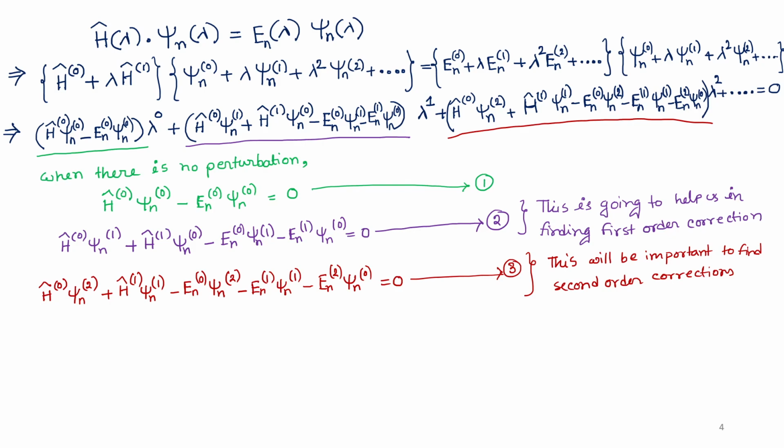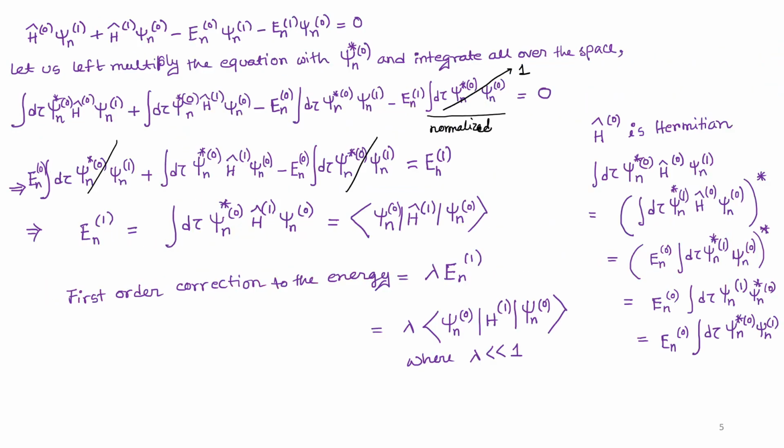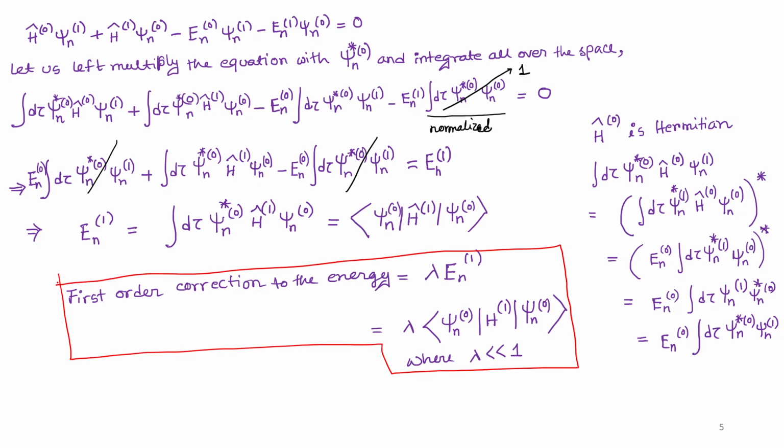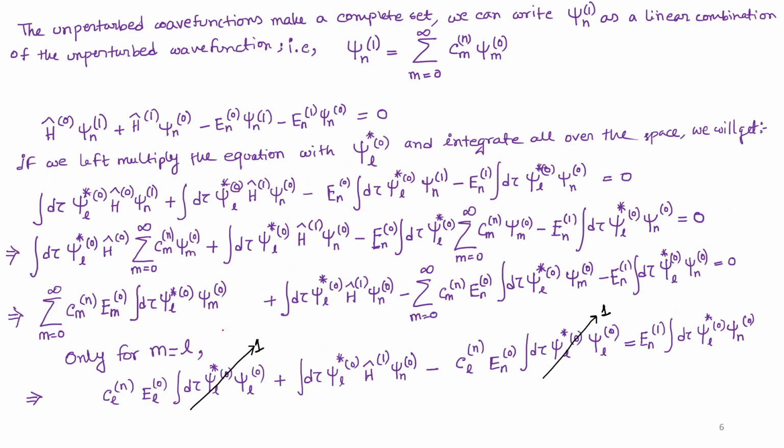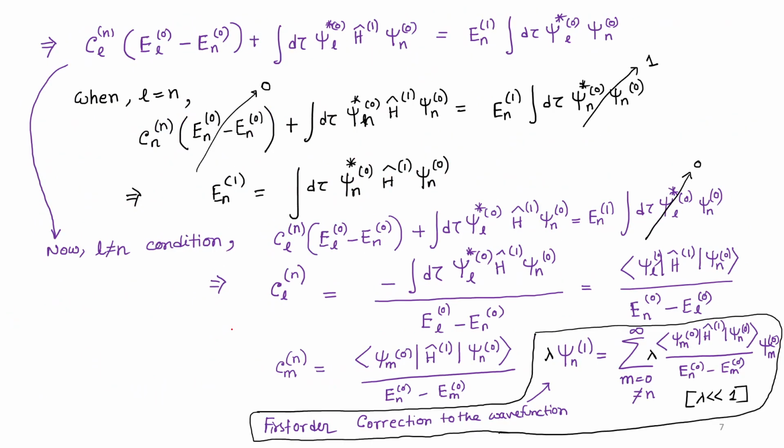From there we got these three equations, and we derived the first order correction to the energy. We also got the first order correction to the wave function, that is lambda psi n 1.